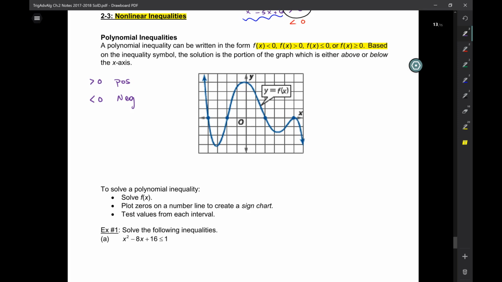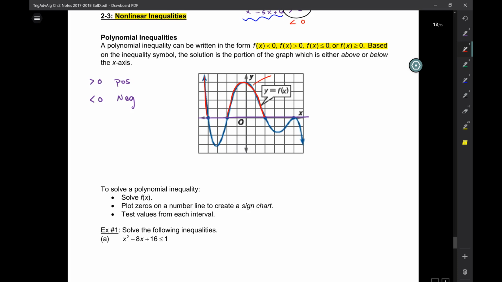Okay? So if we have a function that says f of x is greater than 0, we want the function to be positive. When you have a graph, what does it mean for a graph to be positive and negative? Well, here is the x-axis. Anything vertically above the x-axis is where f of x is positive.